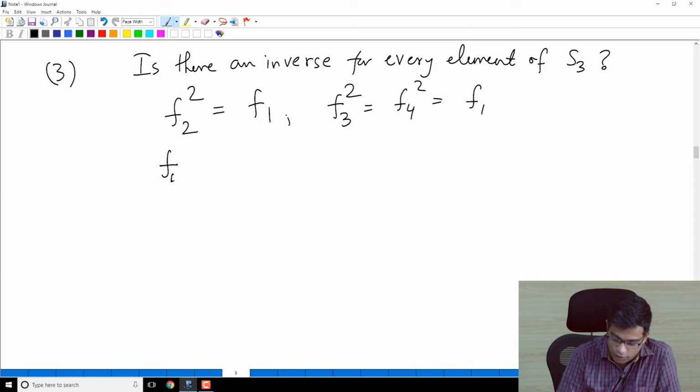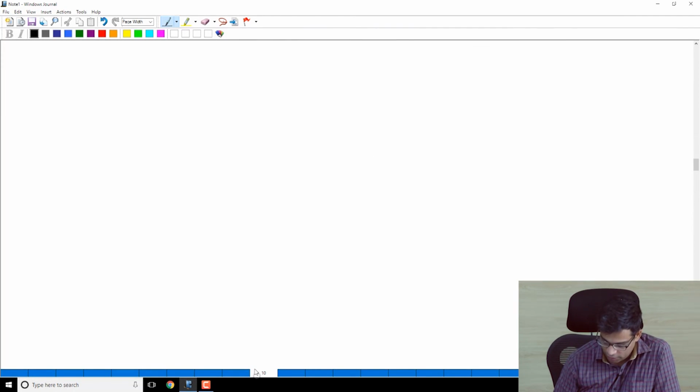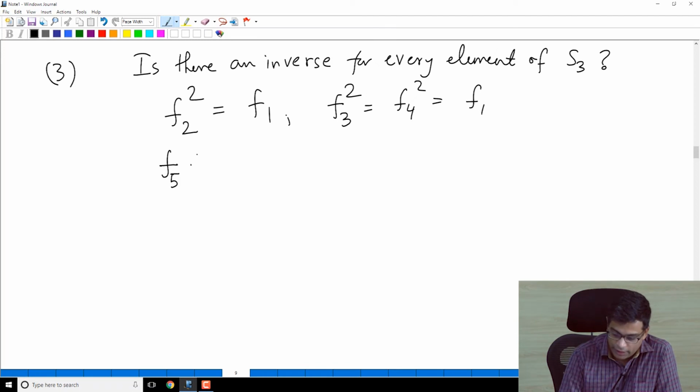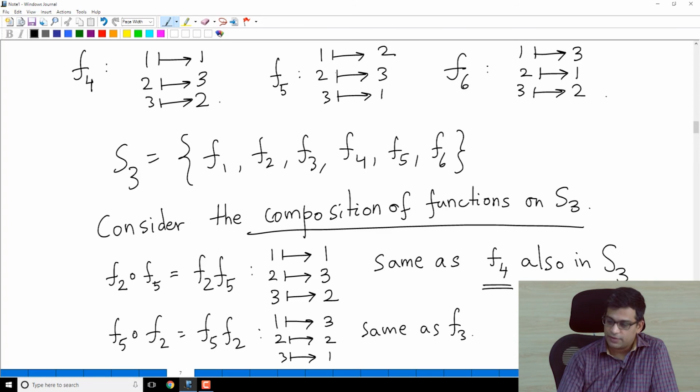What is an inverse for F5? If you go back to the definition of F5, a simple calculation tells you that F5 composed with F6 is the identity element, because you have the definition of F5 and F6 here. 1 goes to 3 under F6, 3 goes to 1 under F5.